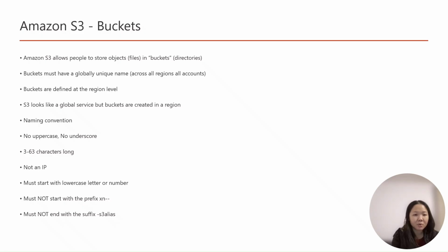S3 looks like a global service, but buckets are created in a region. Naming convention: no uppercase, no underscore, 3 to 63 characters long, not an IP address, and must start with a lowercase letter or number, must not start with the prefix, and must not end with the suffix.